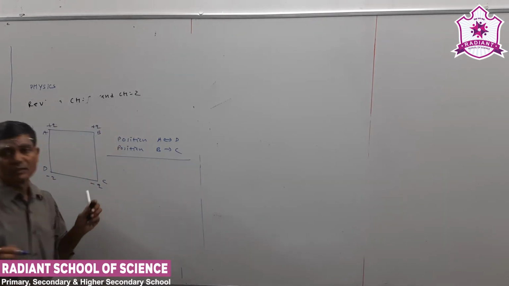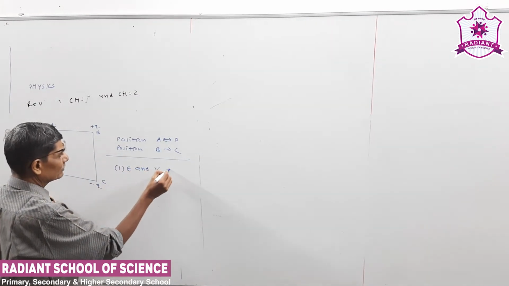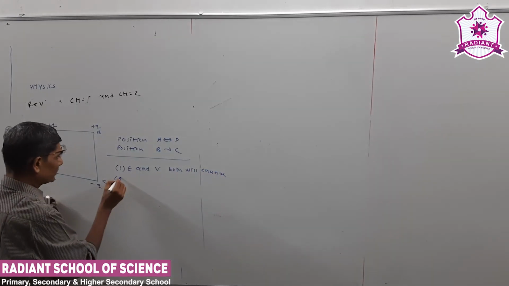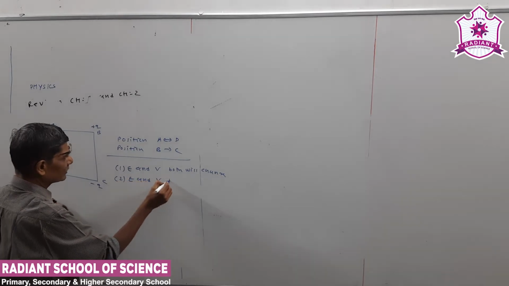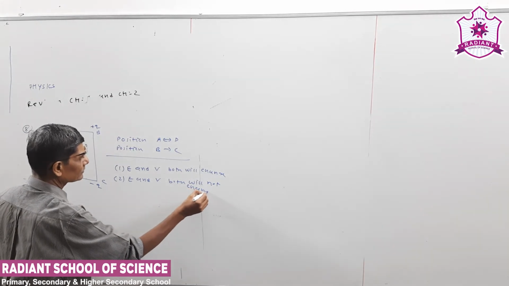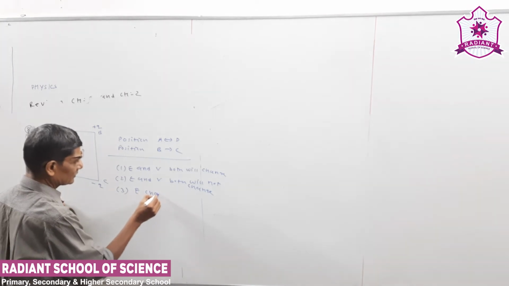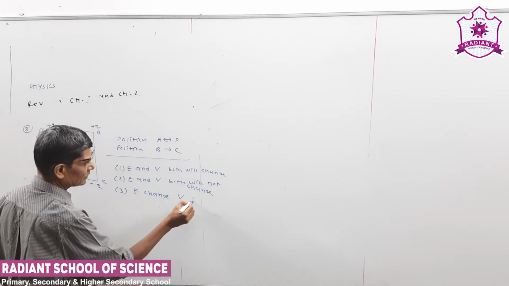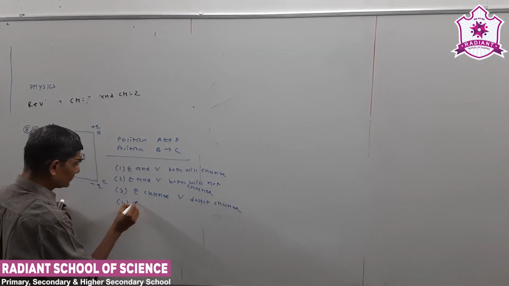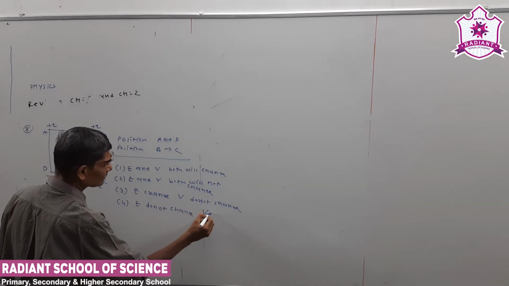So what are the options here? First, E and V both will change. Second, E and V both will not change. Third, E changes, V does not change. And fourth, E does not change, V changes.